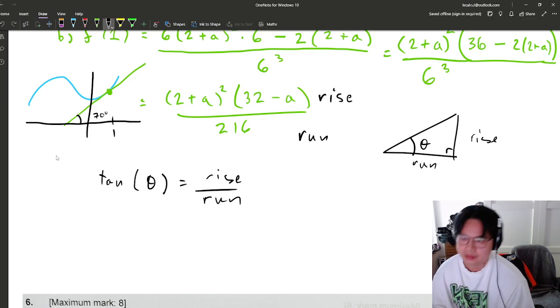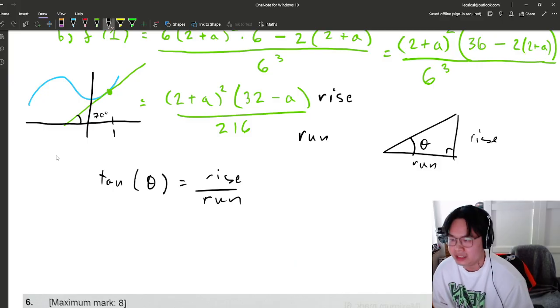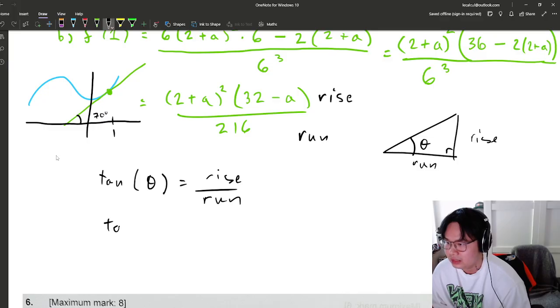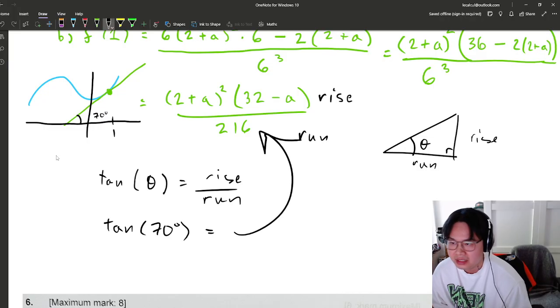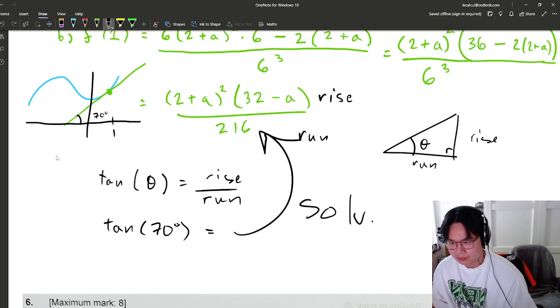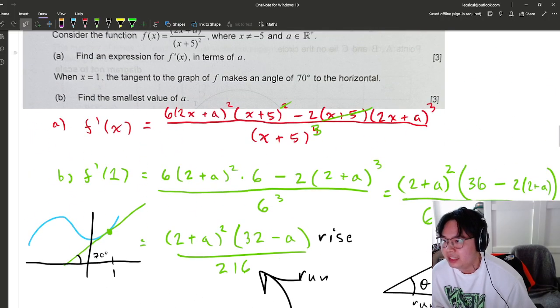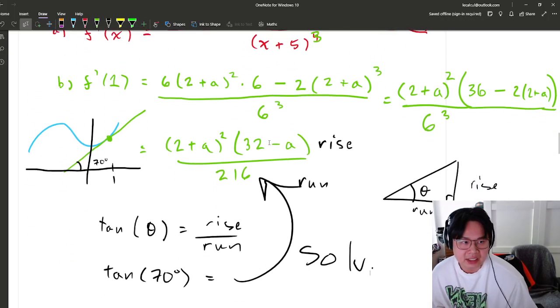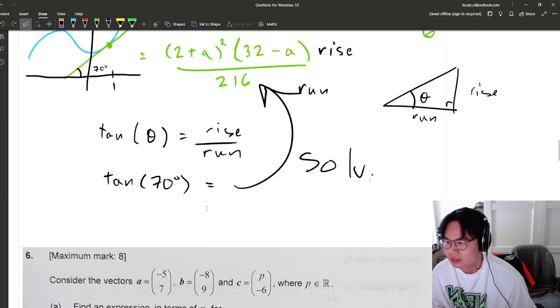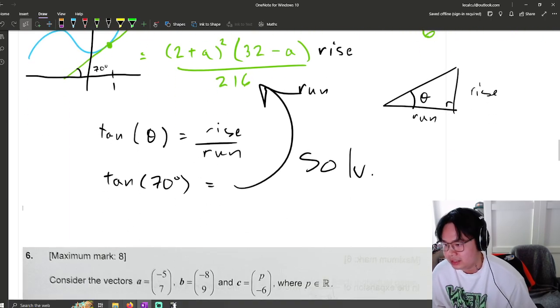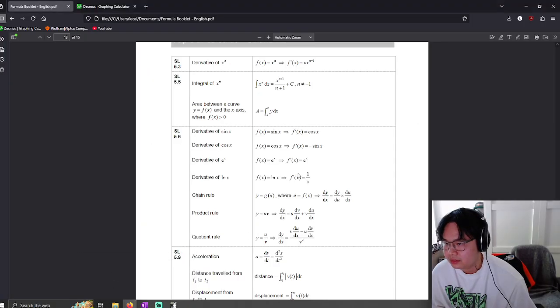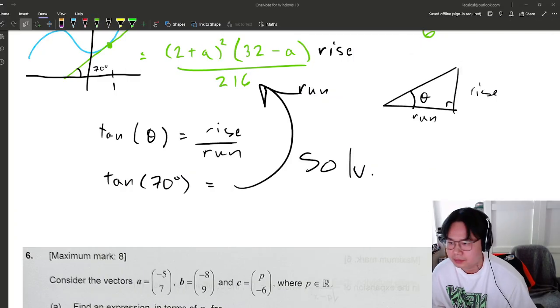Tan of the angle is equal to the gradient, which means that tan 70 degrees is equal to this stuff here. This is a very ugly equation. Just solve it using an equation solver. We want to find the smallest value of a. This is going to have 2 distinct answers of a, and then we can just pick the smallest one.